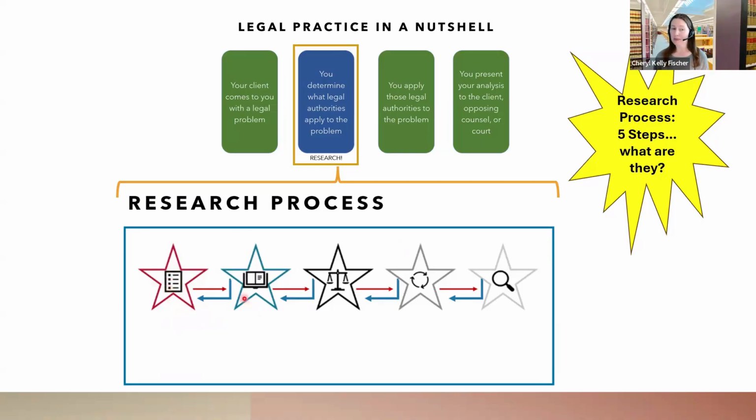The second step, that's the one we spent 2 weeks on. That one's secondary sources. And then we move on to locating primary authority, expanding and updating that primary authority, and then analyzing and organizing. Again, it being an iterative process the entire way through, you end up going 2 steps forward, 1 step back until you make it through to your answer.